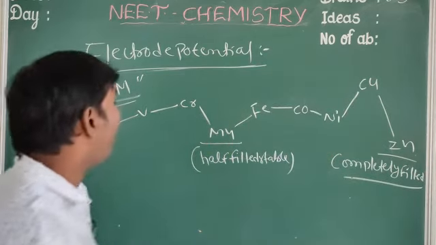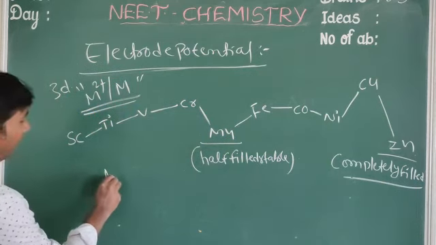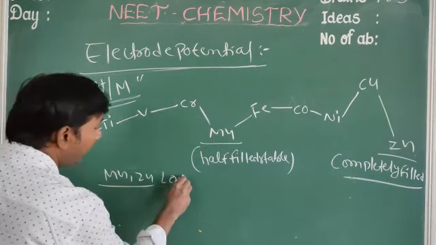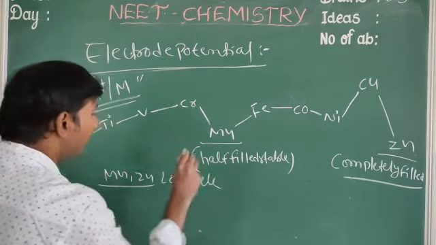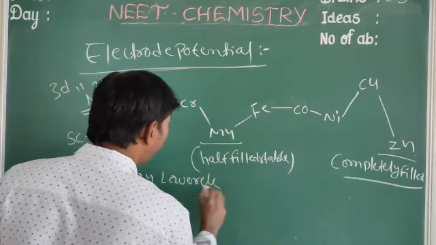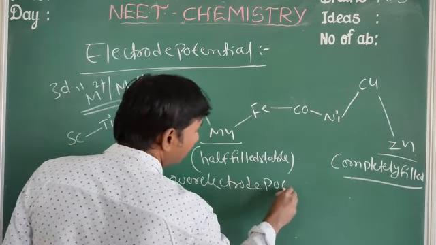So due to half-filled stability and completely filled stability, manganese and zinc have lower electrode potential values than we expect.